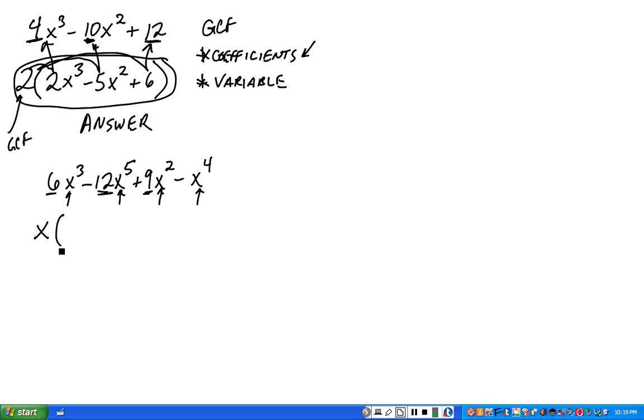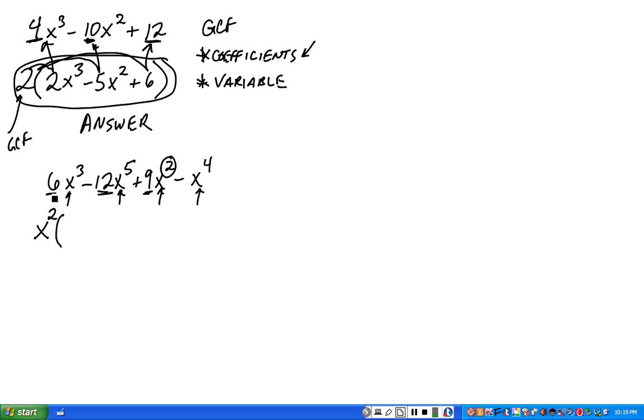Now once I realize I can pull an x out, I have to determine the exponent for the x that I'm going to pull out by looking at the lowest exponent of the x's in the original polynomial. So I have a 3, a 5, a 2, and a 4. So 2 is the lowest exponent, the lowest degree here. So we pull out x squared.